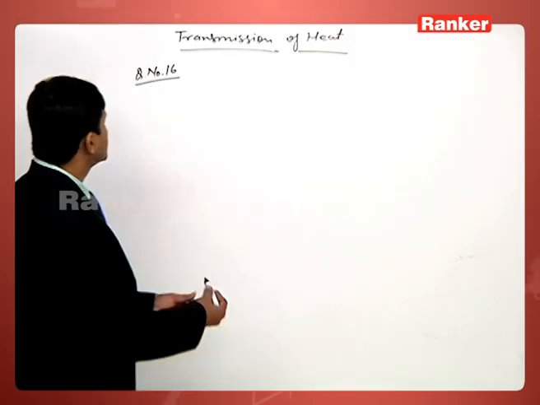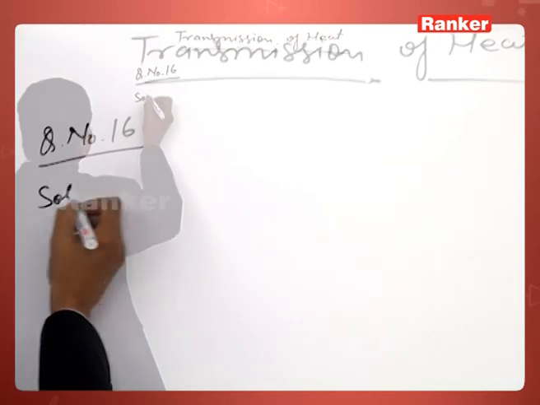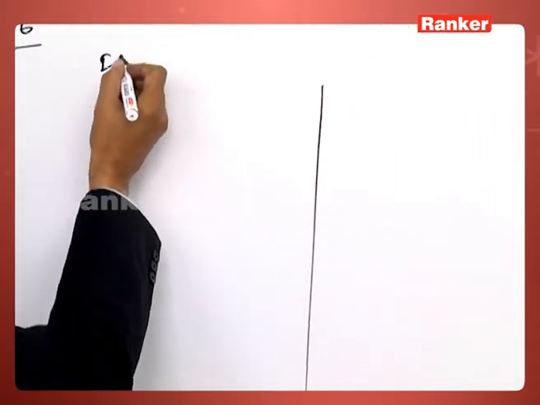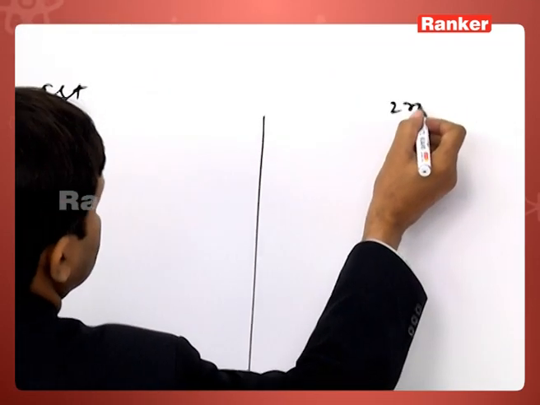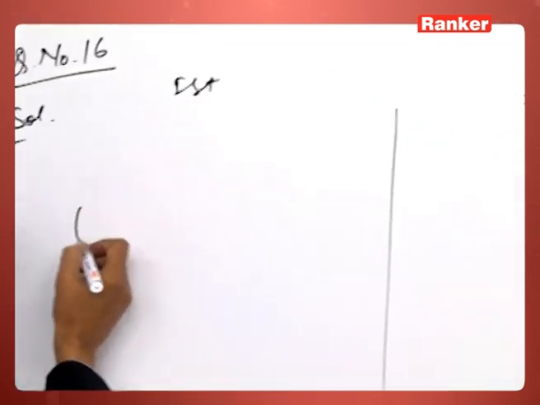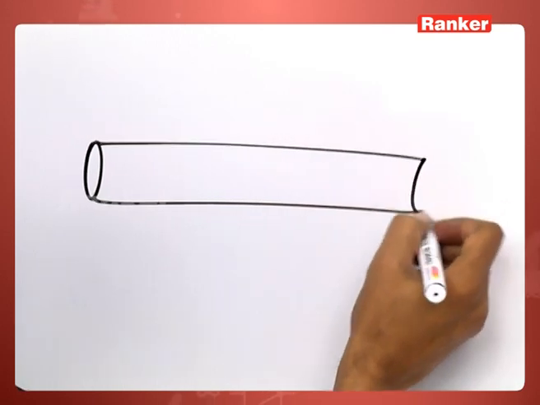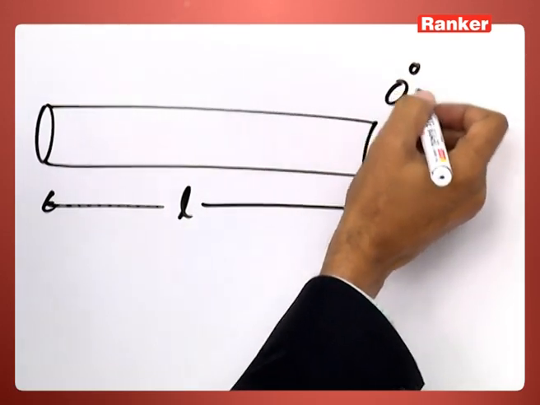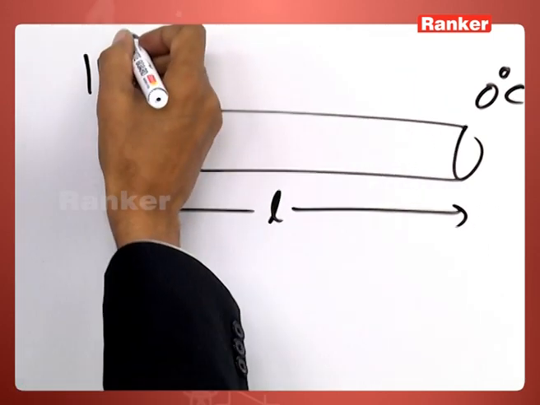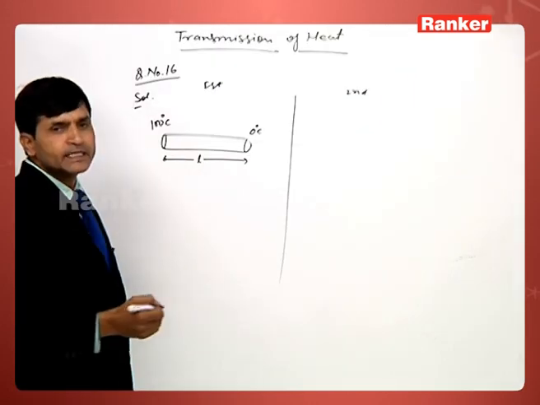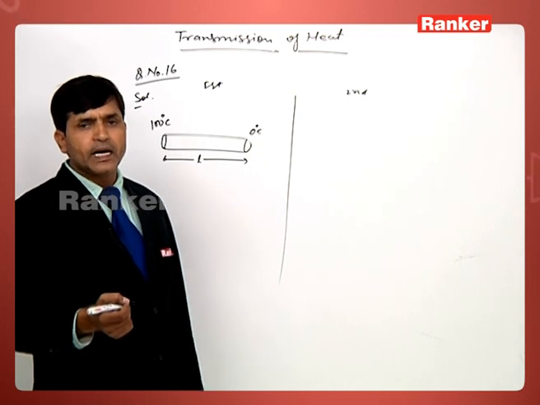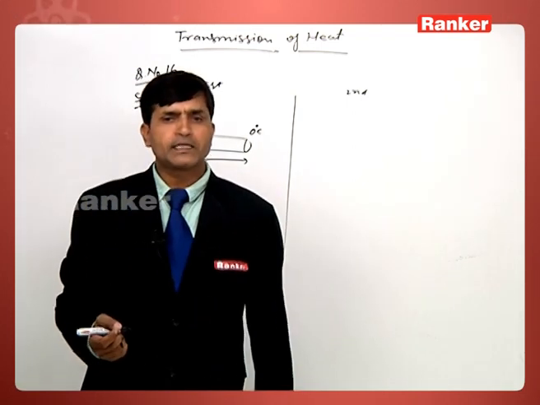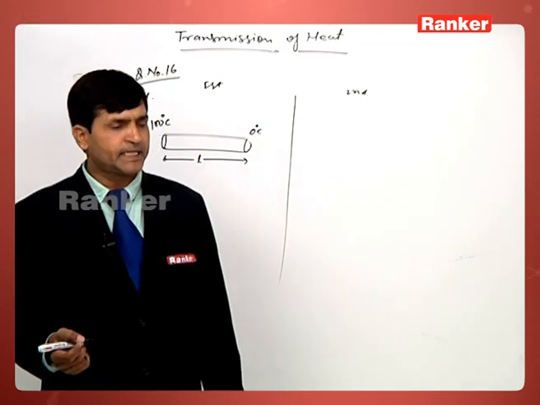Here two situations are given. Now see the first situation, and this is the second. This is the rod, length let L, one end at 0 degrees and the other end at 100 degrees Celsius. And it is given 0.1 gram ice melts per second.